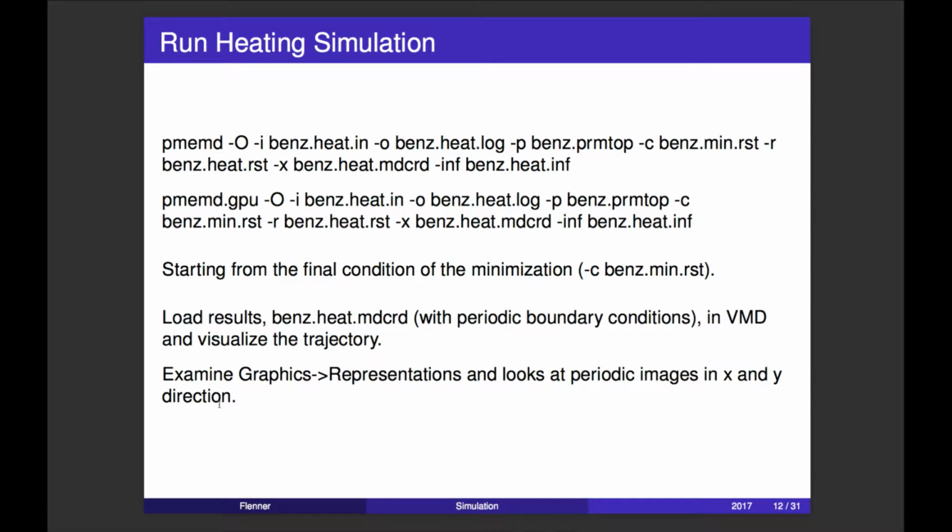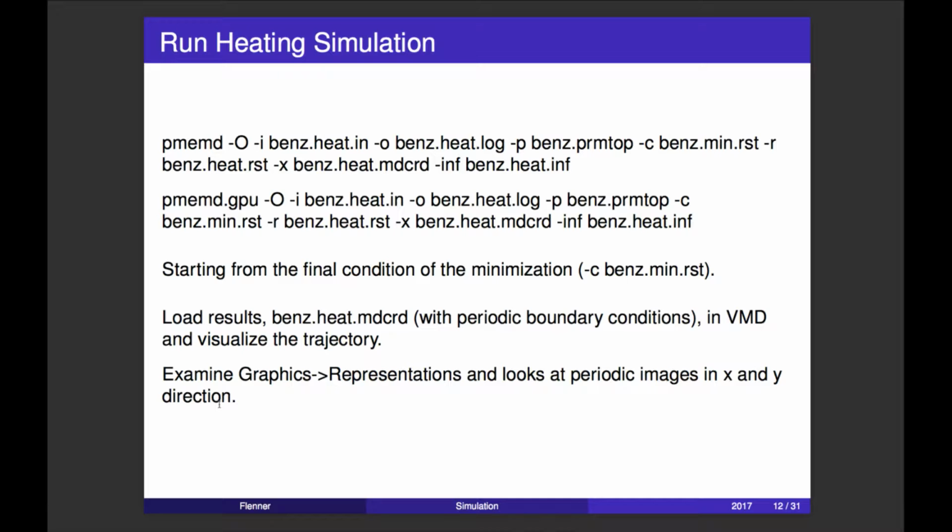Okay, so we can run the heating simulation the same sort of way. This would be the command using all that. You notice that the input file is the restart file at the end of the minimization. So I'm starting from that final configuration, and then I heat it up.